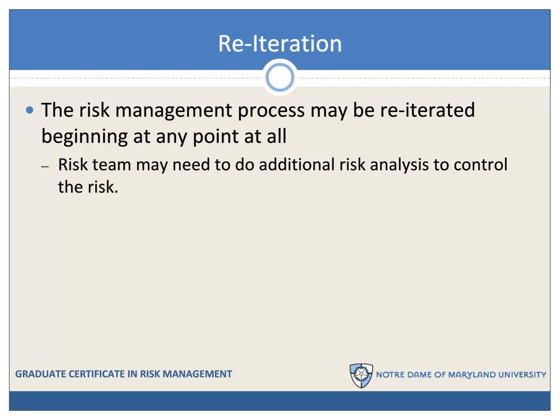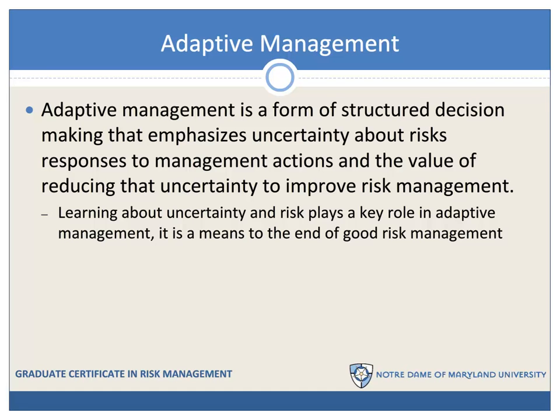Uncertainty in decision processes does not go away, and it's likely to be revealed in time through research, monitoring, or risk outcomes. In our last two slides, we'll consider adaptive management, a particular strategy for dealing with uncertainty. Adaptive management may be part of the risk management option.